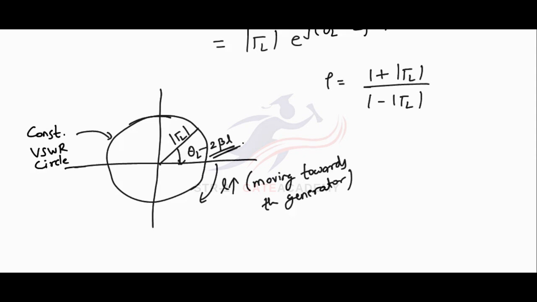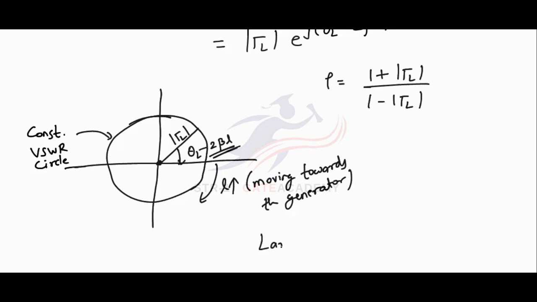Next, let us look at the characteristics of the constant VSWR circle. The first characteristic is that the center of all VSWR circles is the origin of this complex gamma plane. Then mod of gamma L equal to 1 is the maximum value, because the maximum reflection coefficient value can be 1. It cannot be greater than 1. If the radius of the VSWR circle is large, it means the given transmission line has the worst match.